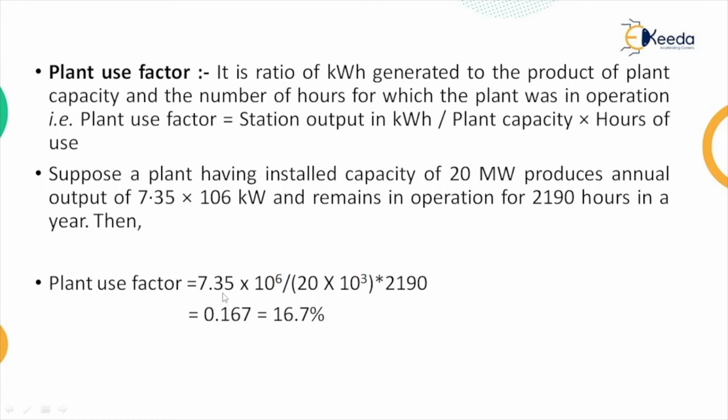So plant use factor is equal to the annual output 7.35 into 10 to the power 6 upon the installed capacity 20 into 10 to the power 3, into 2190, because the plant is in operation for 2190 hours. So we get 0.167, which in percentage is 16.7. So in that year the plant use will be 16.7%.